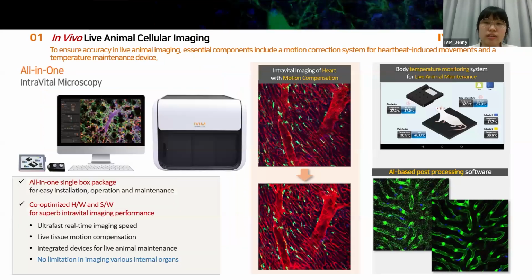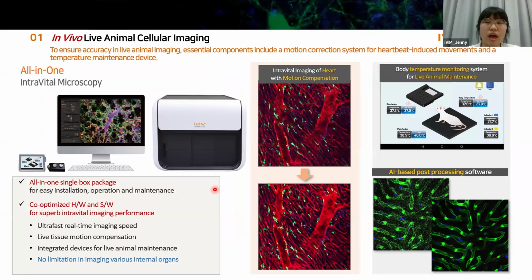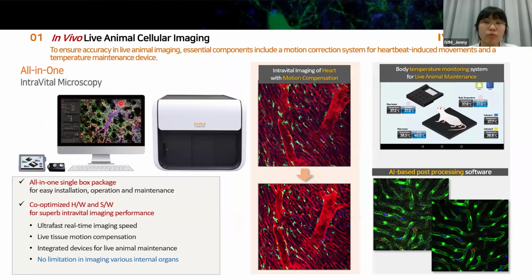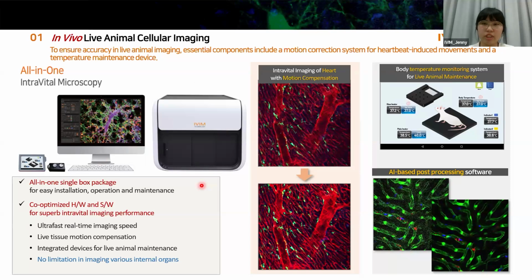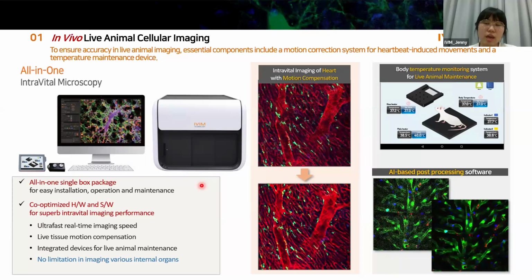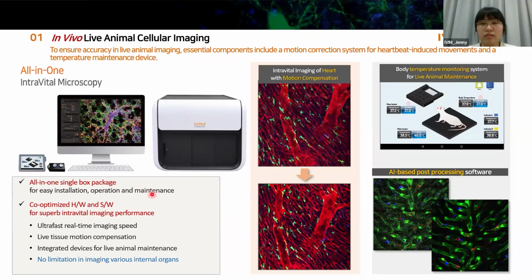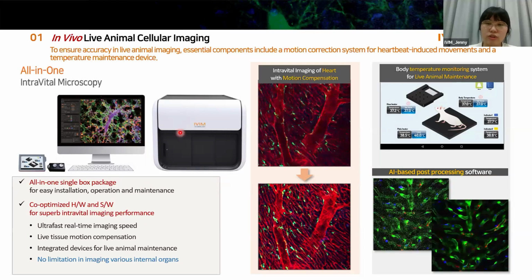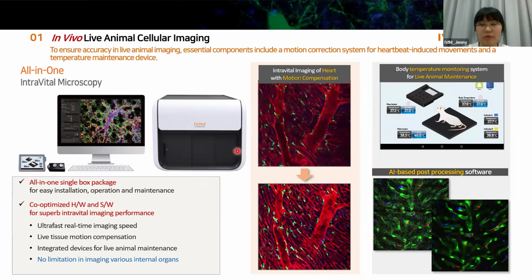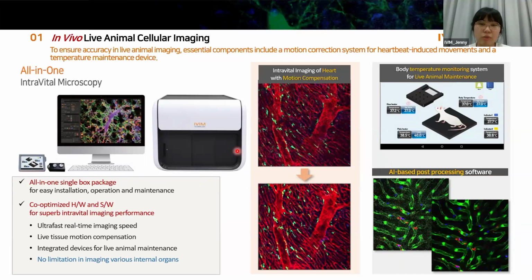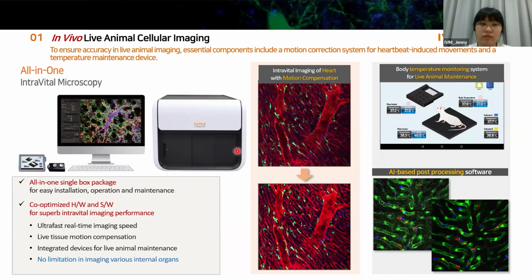In addition to its imaging capabilities, IVM Technology's Intravital Microscope is provided as an all-in-one system for easy usage. This all-in-one design simplifies installation and maintenance, and it eliminates the need for a darkroom, allowing users to focus entirely on imaging and performing experiments without constraints from space or the surrounding environment.